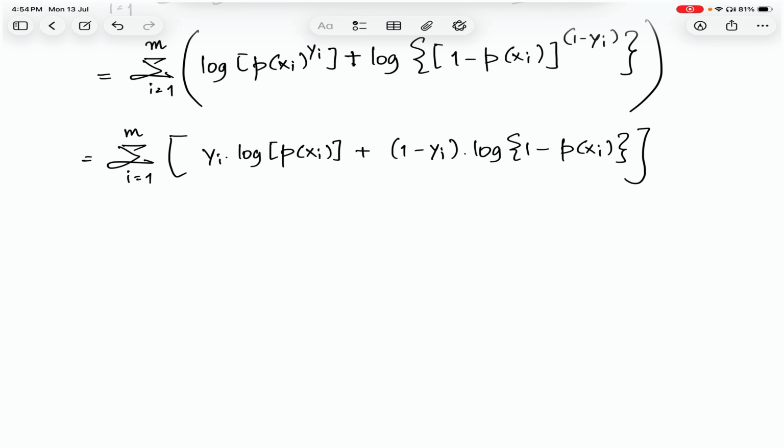And we know that from equation 1 that we have written, p of xi is this.